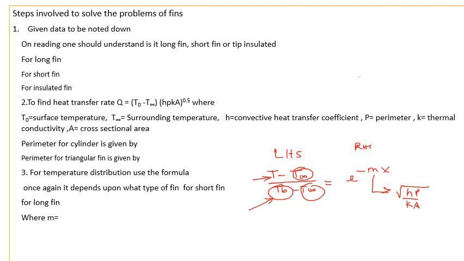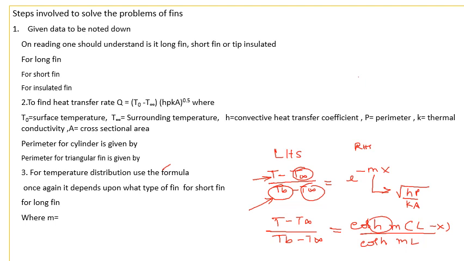If it is for a short fin, the left hand side remains the same. That is T minus T infinity divided by T base minus T infinity is equal to, on the right hand side for the short fin, cosh m(L minus x) divided by cosh m into L. So don't get confused.